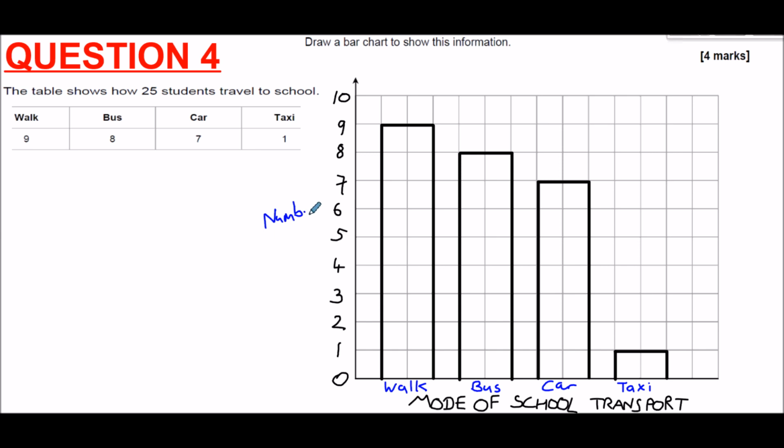In fact, we may as well be a bit more specific because it's students, so we can say the y-axis represents number of students. And that will do. So the scale is going up evenly. It's labelled. The x-axis is labelled with a title, and each bar is drawn accurately, and each bar is of the same width with equal gaps between them. And so that will do for a bar chart.